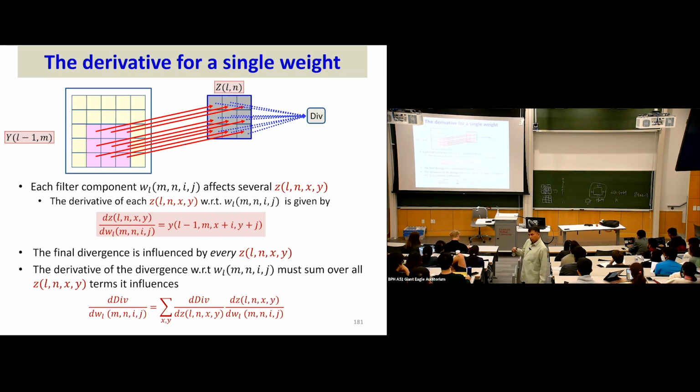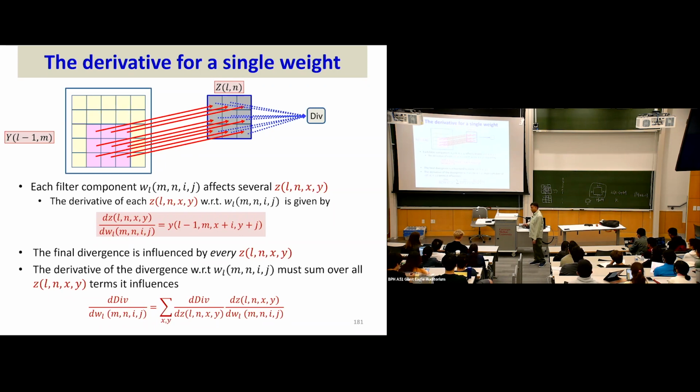And now, of course, if I consider any particular filter element, each filter component is going to be contributing to all of the output affine values, right? So if I want to compute the derivative of the divergence with respect to, say, the ijth element of the filter that connects the mth input channel to the nth output channel, that's going to be the sum over all the elements of the nth output channel of the derivative of the divergence with respect to that element of the output channel, times the derivative of the element with respect to the corresponding weight, right?